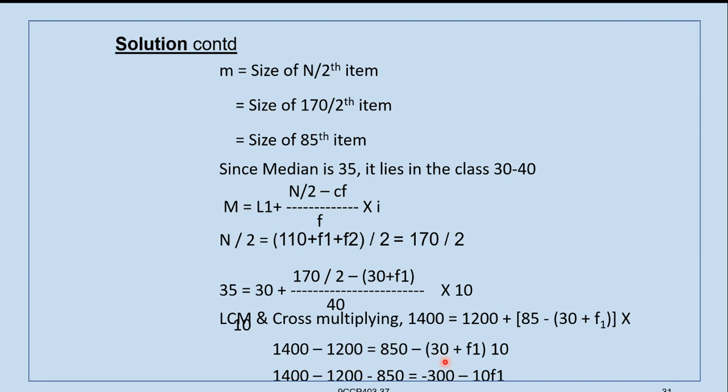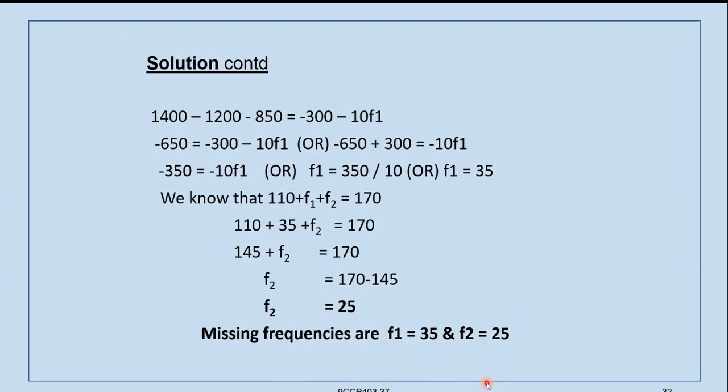Is equal to minus 30 into 10, 300, minus 10 into f1, 10 f1. Here, it is the same equation I have given you in the last slide. By solving, 1400 minus 1200 is 200, minus 850 is minus 650, and minus 300, and minus 10 f1.